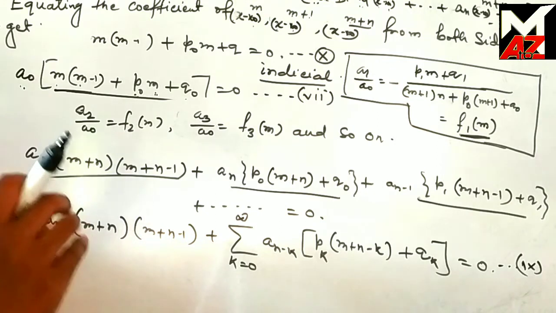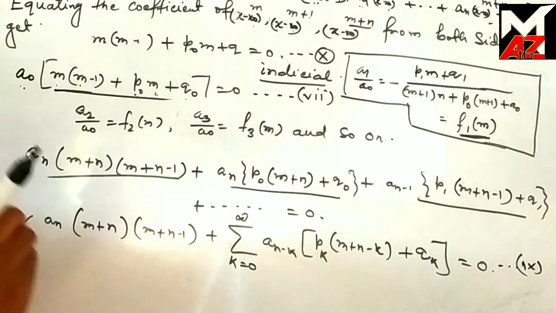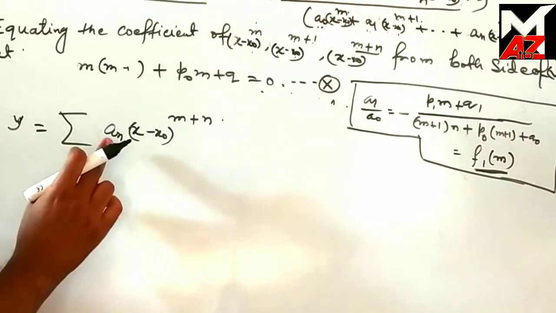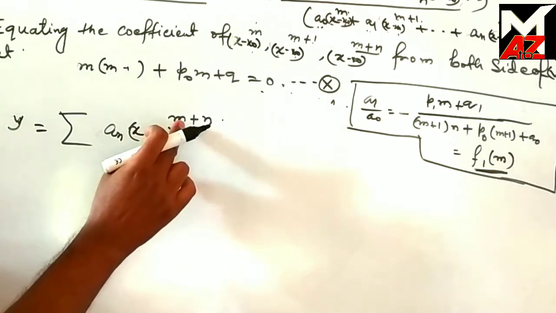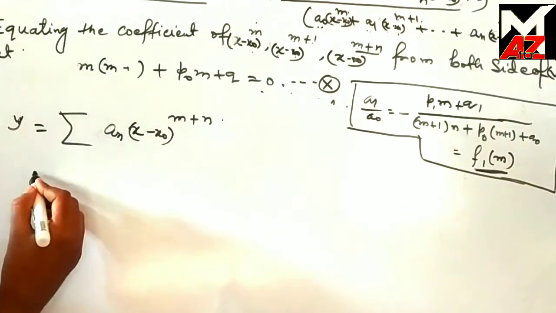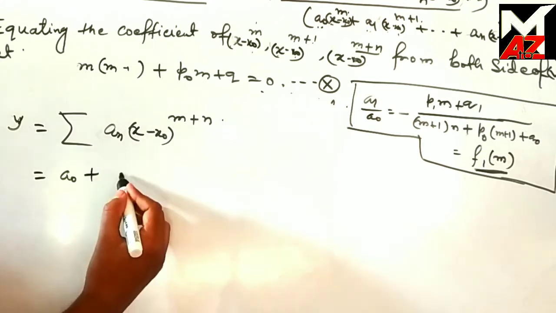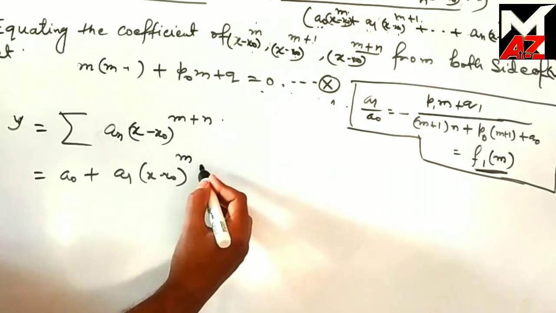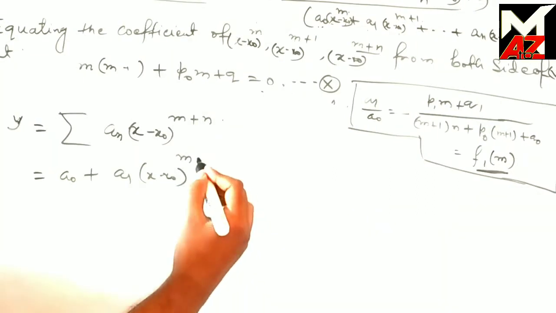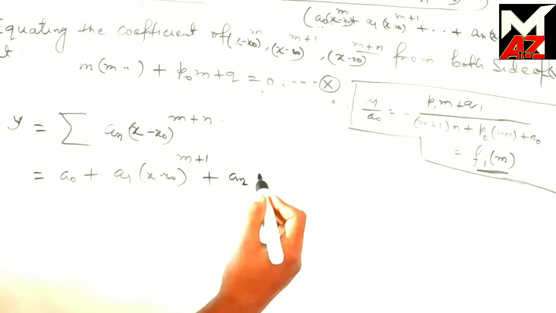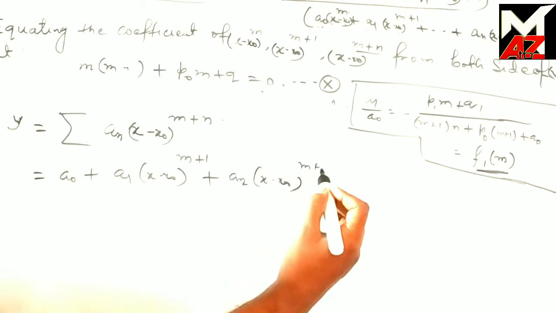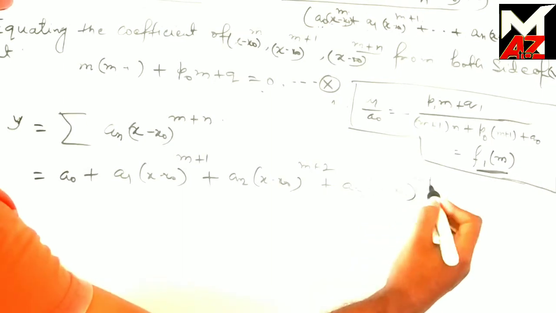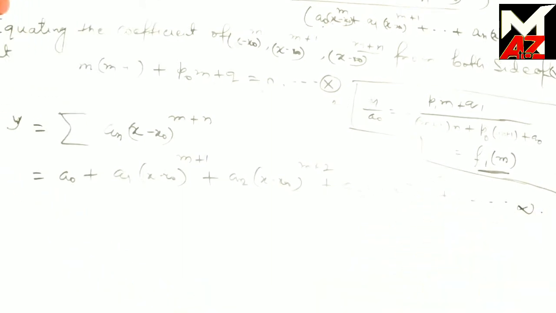Now from the solution y equal to summation of an (x minus x0) to the power m plus n, we get by expanding a0 plus a1 into (x minus x0) to the power m plus 1, a2 into (x minus x0) to the power m plus 2, a3 into (x minus x0) to the power m plus 3, to infinity.